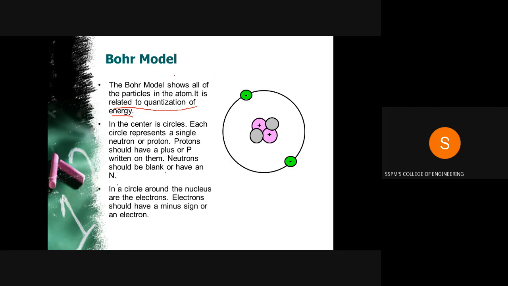They asked a question in the last CET exam: Bohr's model is related to dash dash, meaning quantization of energy. This model is basically related to energy, because the particles are separated on the basis of their energy. Those having negative energy are surrounded outside the nucleus.